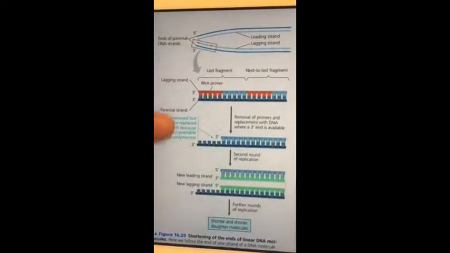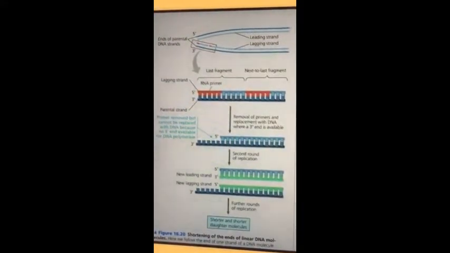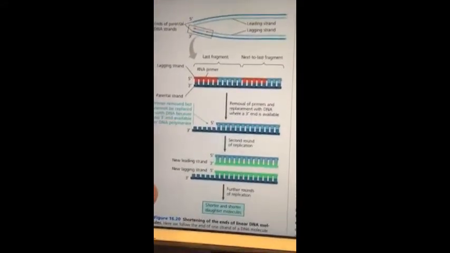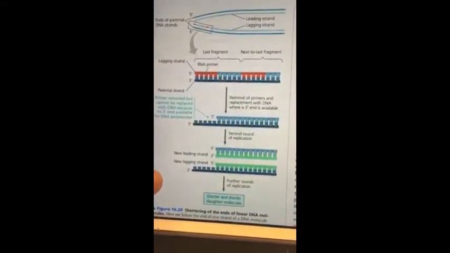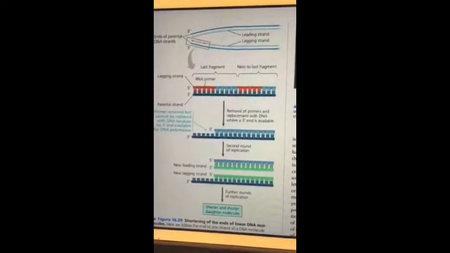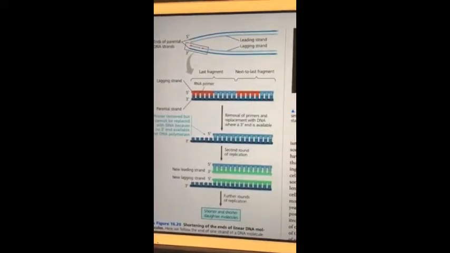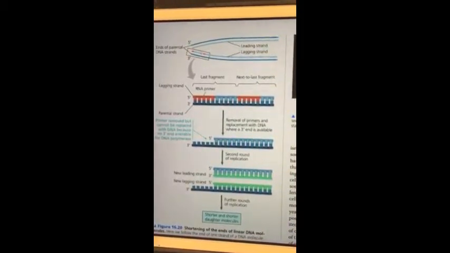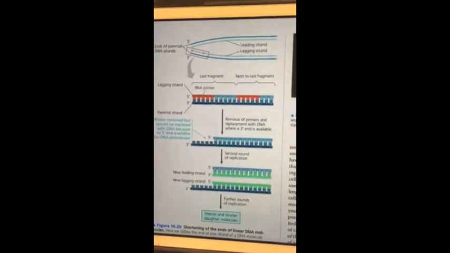So as a result, with each successive copy or replication of DNA, it gets shorter because of that lacking DNA polymerase. And as for why bacteria don't need to worry about this, is that the chromosome and DNA of bacteria is circular, so there are no ends to it.